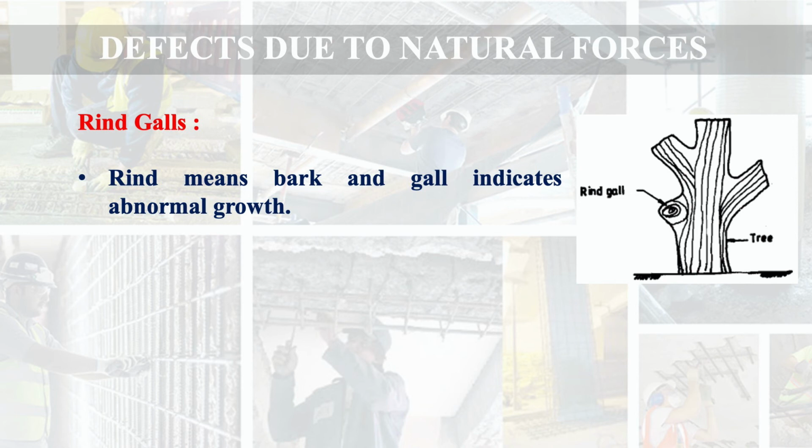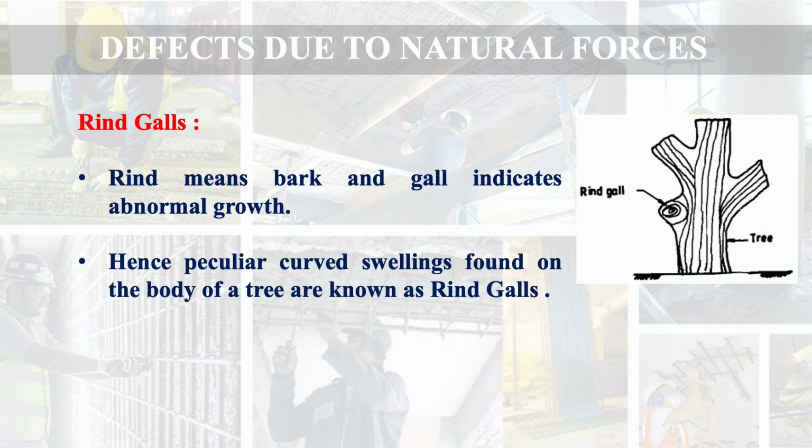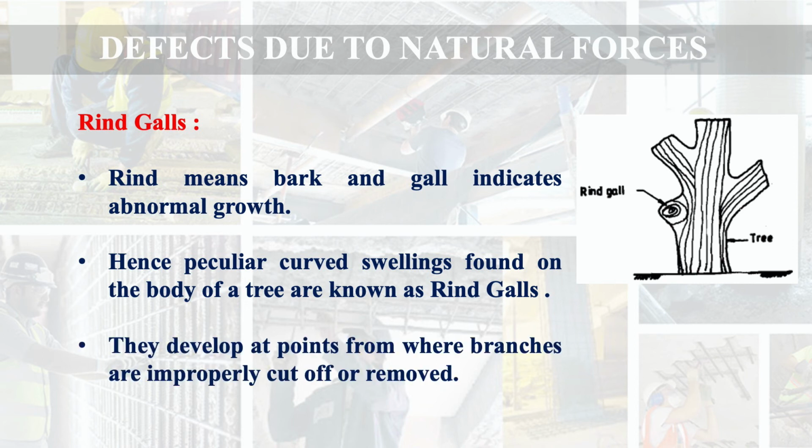Here you can say rind gall means abnormal growth of bark. Hence peculiar curved swellings found on the body of a tree are known as rind galls. They develop at points from where branches are improperly cut off or removed. In the figure, you see the rind gall on the tree.